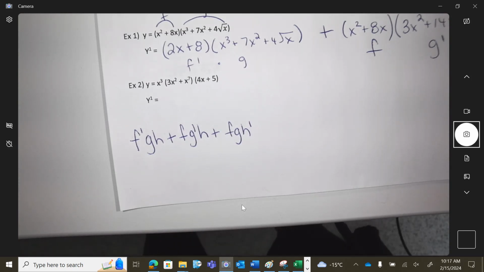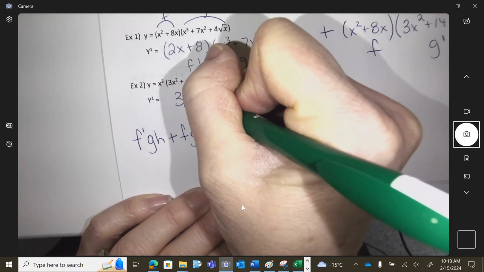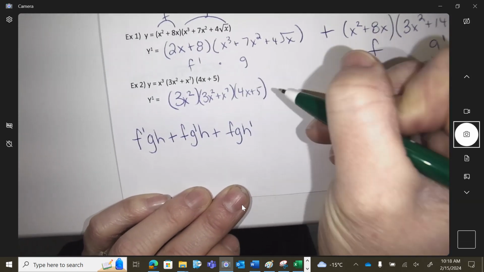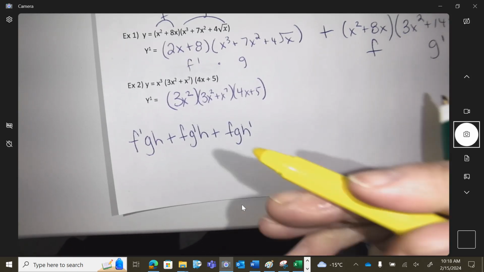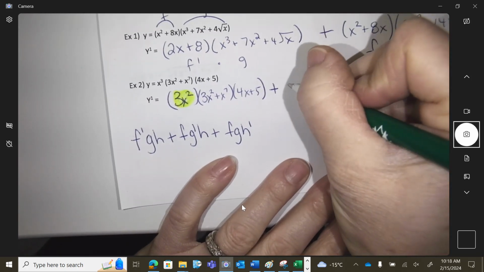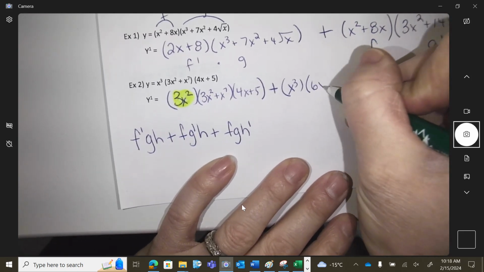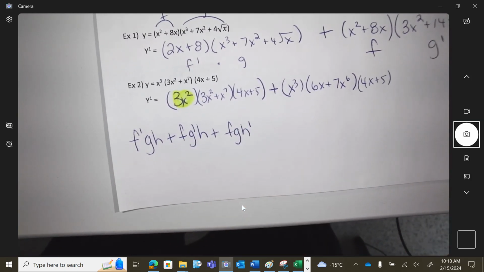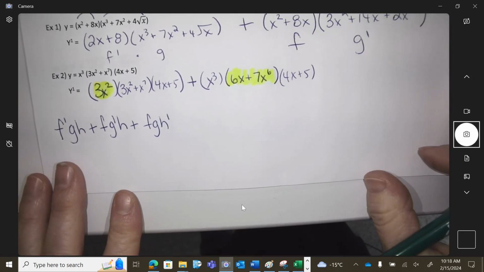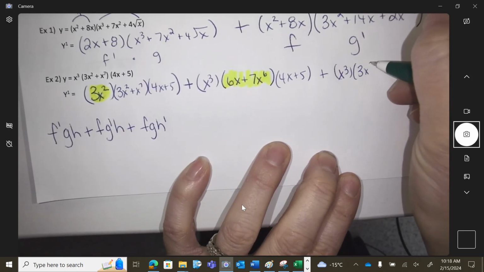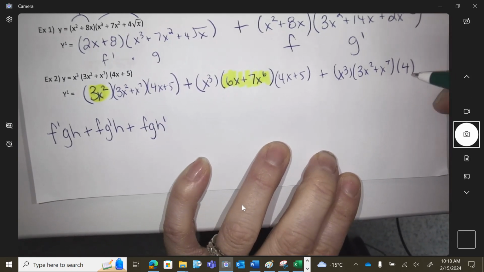Okay, so here's what it would look like. 3x squared, original, plus original, derive, original, and then again original, original, derive.